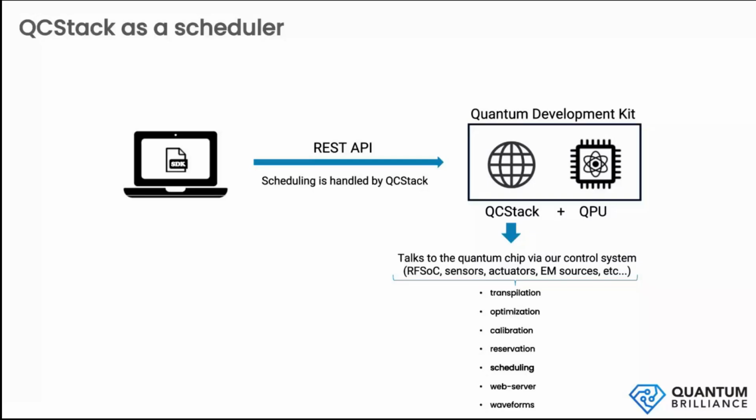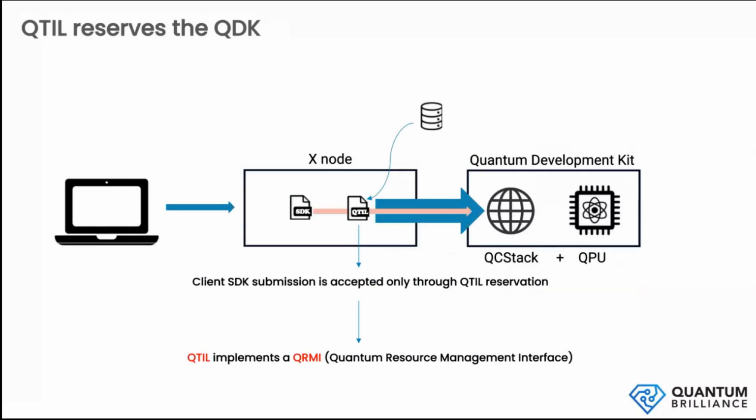But of course, there are multiple issues if you just rely on the software within the QDK. And that's why we need to implement additional tools to optimize our scheduling and basically the reservation of the quantum computer. And that's how we came up with this QTIL tool.